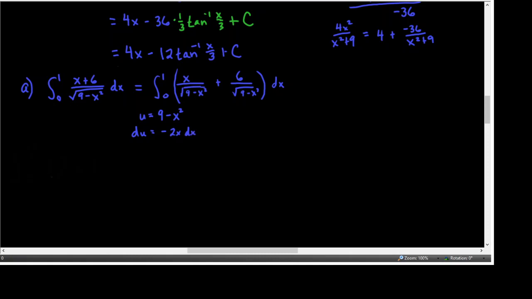So actually, I sort of misspoke. I am going to write them separate here. So this will become the integral from 0 to 1 of x over the square root of 9 minus x squared dx plus the integral from 0 to 1 of 6 over the square root of 9 minus x squared.